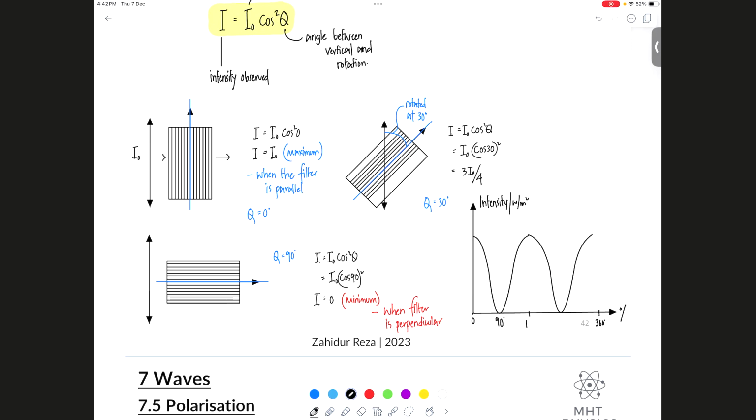The peak would be again 180 degrees. The base would be how much? 270. And these are the places where my intensity is going to be I naught, the maximum possible value. Yes, as you keep rotating it, this happens 2 times.